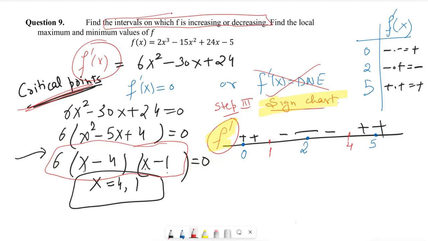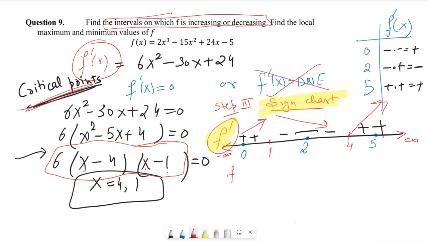So what does that mean for f? If f prime is positive, function is increasing. If f prime is negative, function is decreasing. If f prime is positive, function is increasing. So you know how number line is, all the way to the left is negative infinity, all the way to the right is infinity.